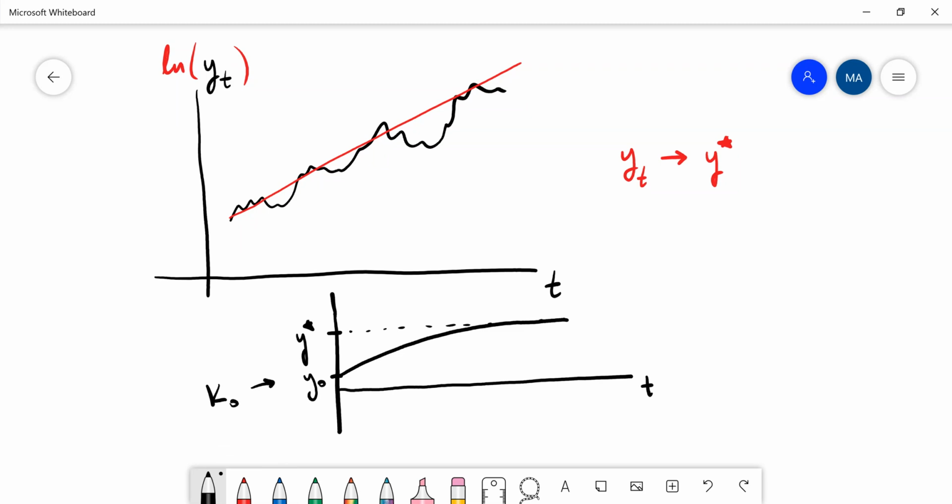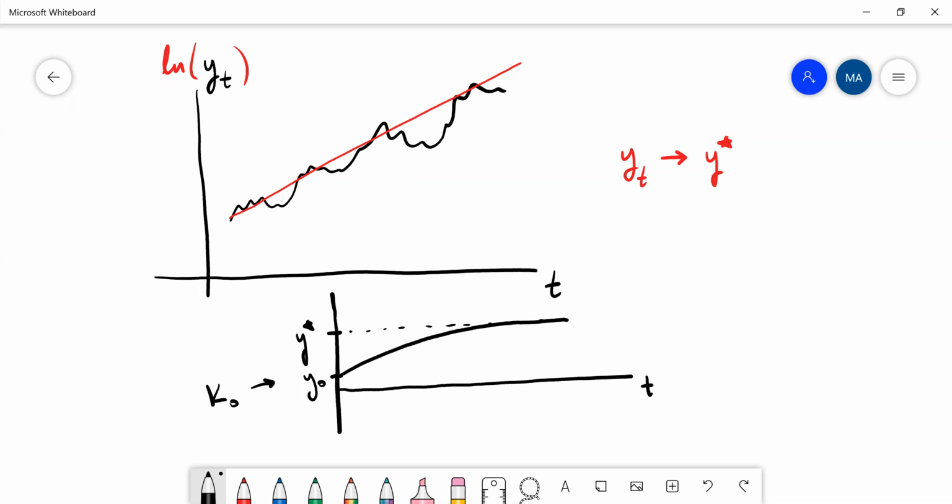So why is this the case? Why do you think this professor of economic growth lectures us about a model that does not explain growth? Right? So why do we care? And what is the mechanism?